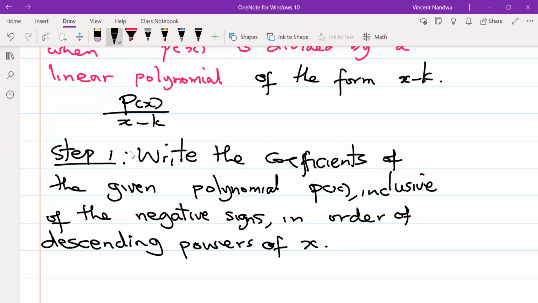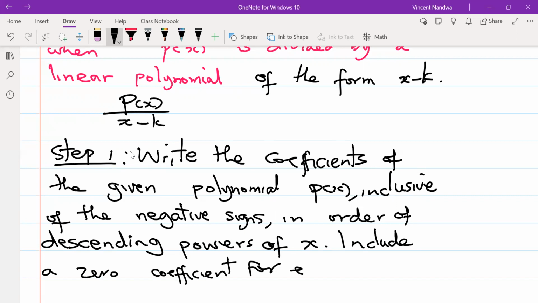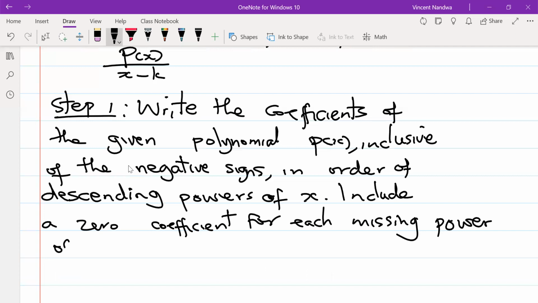In case one of the terms involving x is missing, then you take its position by a coefficient of 0.